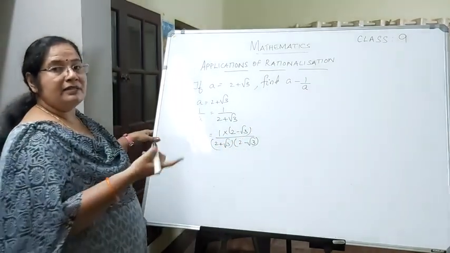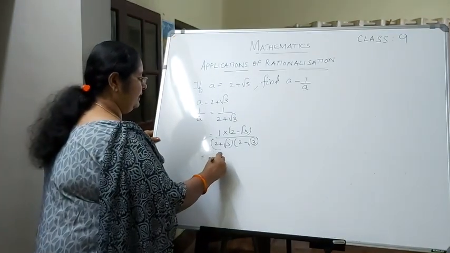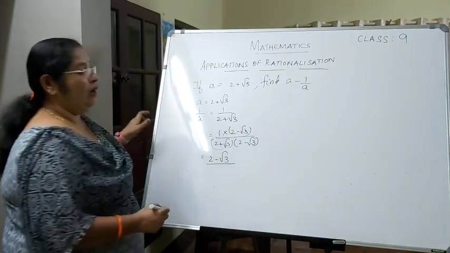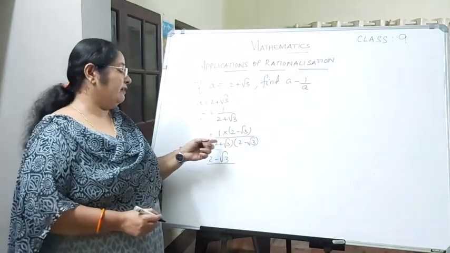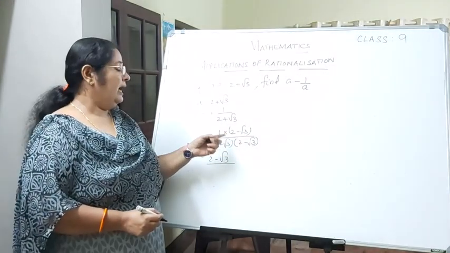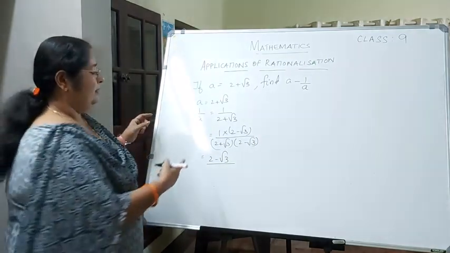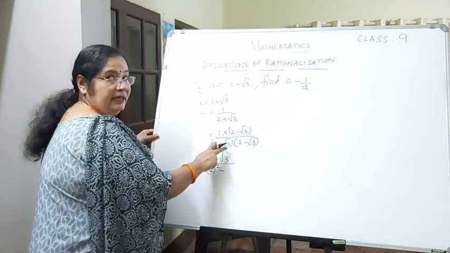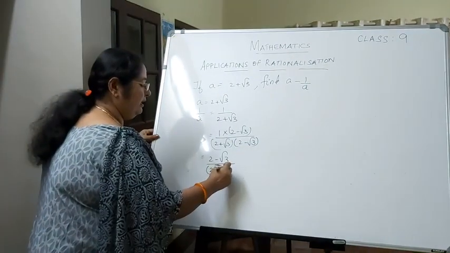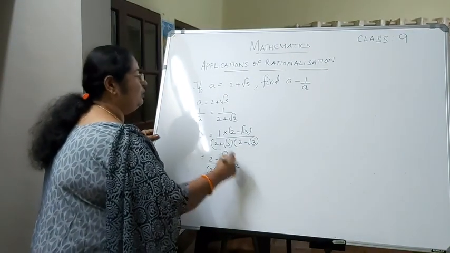What is 2 minus root 3 into 1? It is 2 minus root 3 itself. And the denominator is which form? a plus b into a minus b, where a is 2 and b is root 3. So a square means 2 square, minus b square, which will be root 3 the whole square.